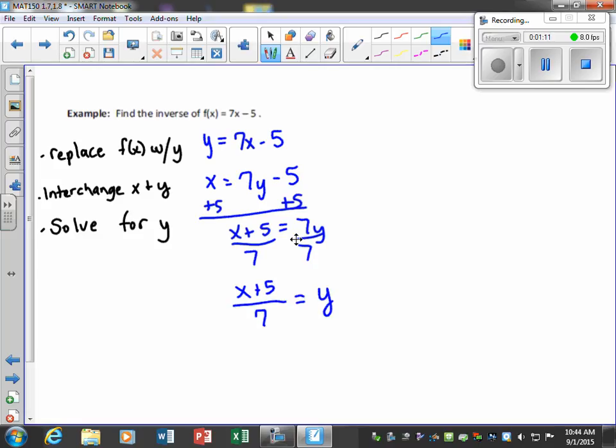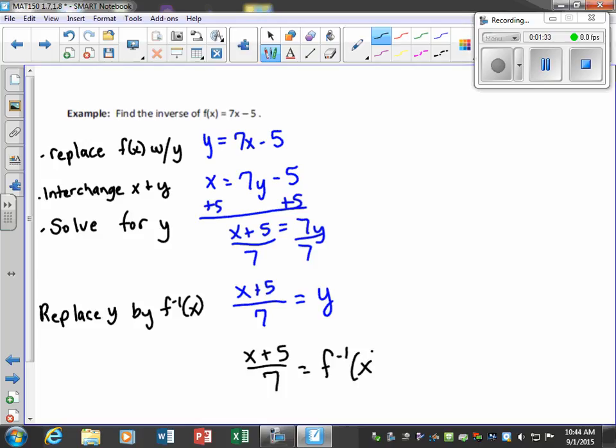And then our step 4 says replace y by f inverse of x. So now it's going to say x plus 5 over 7 is equal to the f inverse of x. And this is our inverse.